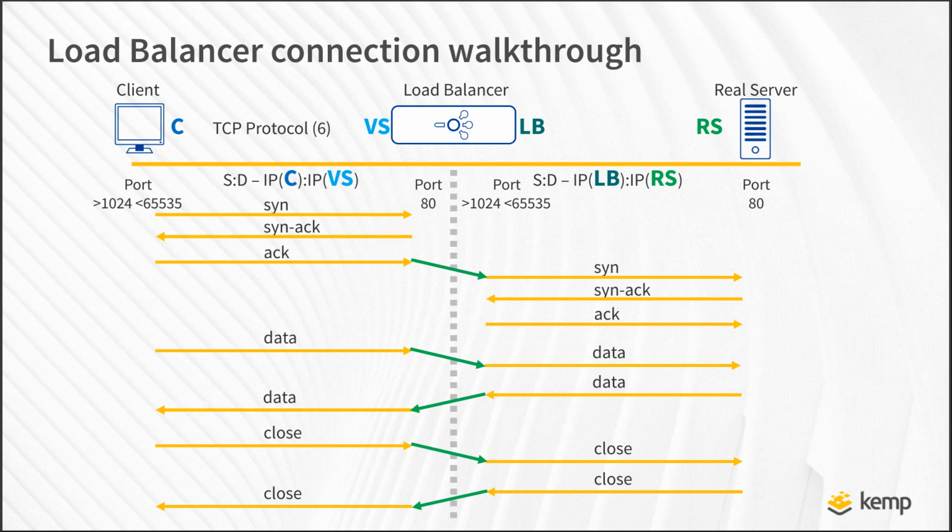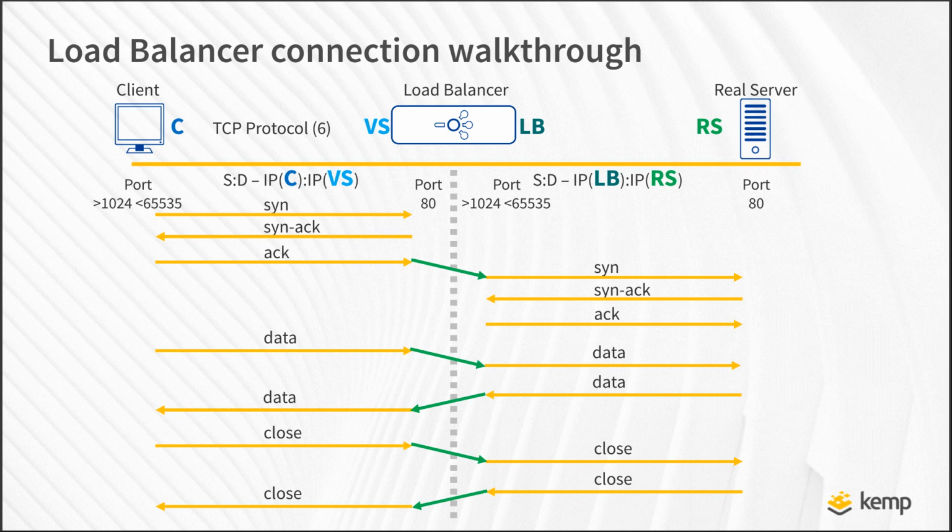The load balancer is acting as an interpreter or translator, where it's taking the connection source and destination from the client to the virtual service, and then translating it to the source and destination from the load balancer to the real server. And then let's look at this packet flow real quick. So TCP protocol, the standard opening for the protocol is to do what we call a three-way handshake.